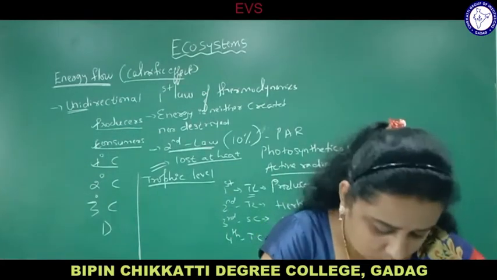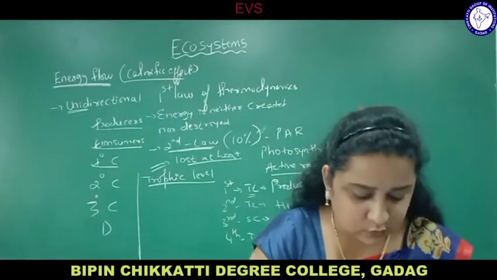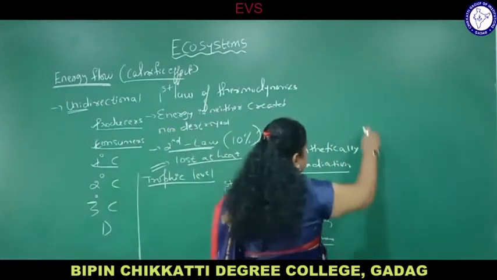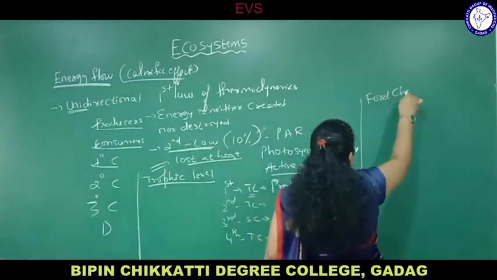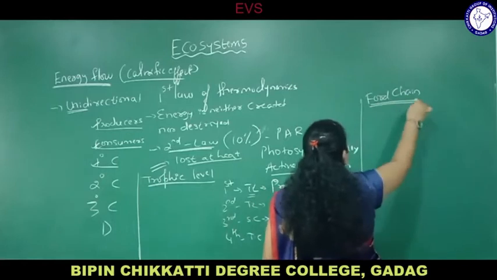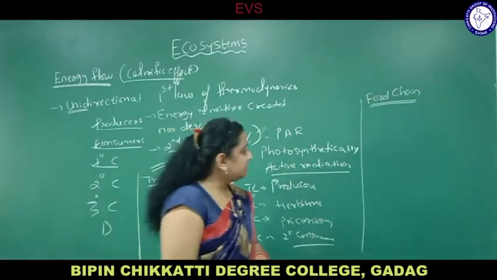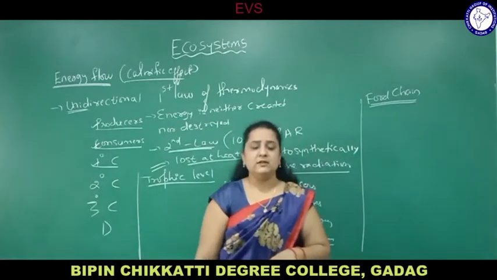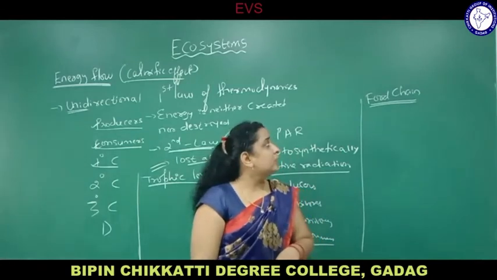Okay, now we will go to another important concept, that is the food chain. You know the meaning of food. It is nutrition, which the organisms obtain to get energy and perform their metabolic activities. We all require food to perform daily activities. But food chain means what?